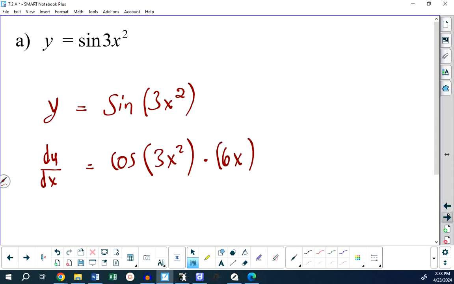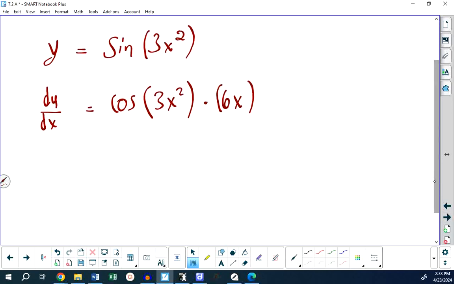And we're done, other than the fact that we like to write coefficients. Whether the coefficient is a variable or a constant coefficient, 6x can be thought of as a coefficient. We like to write it in front. We're okay with that?